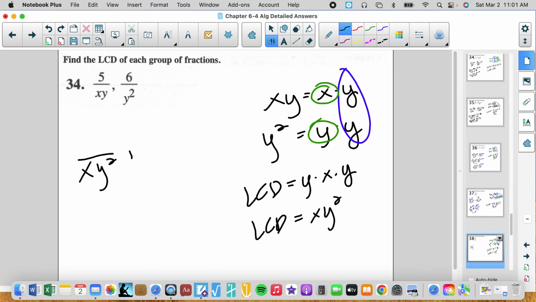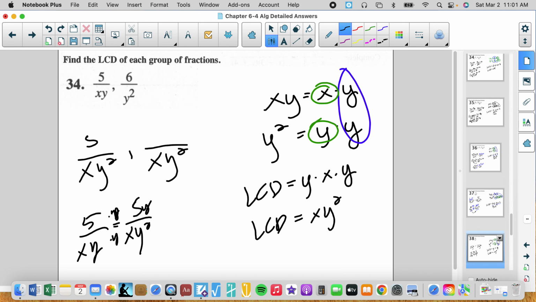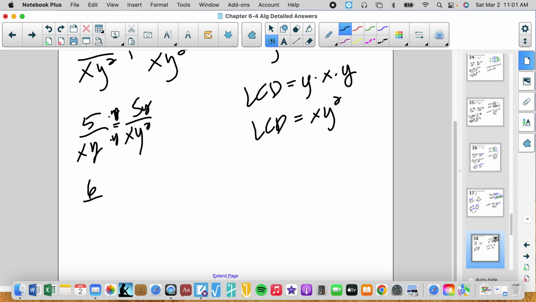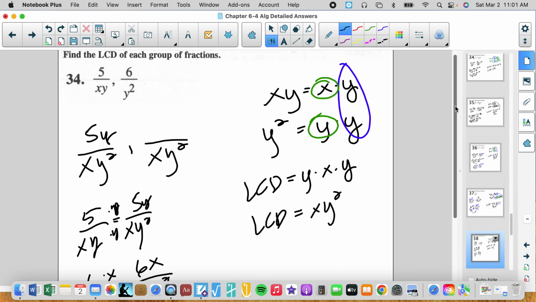I'm going to take 5 over xy is equivalent to what over xy squared? Let's multiply that by y, which gives us 5y. 6 over y squared equals what over xy squared? That's just multiplying by x. So that gives me 6x.